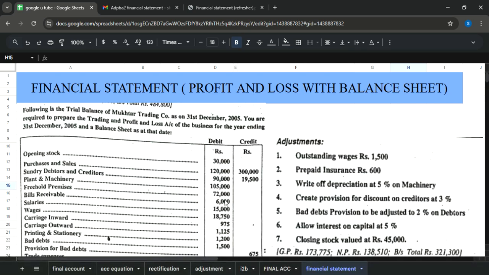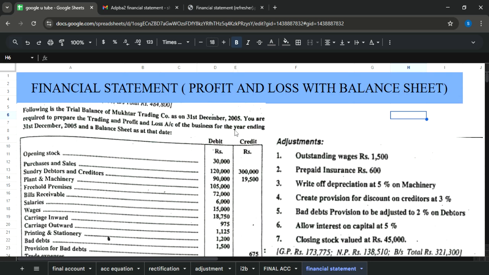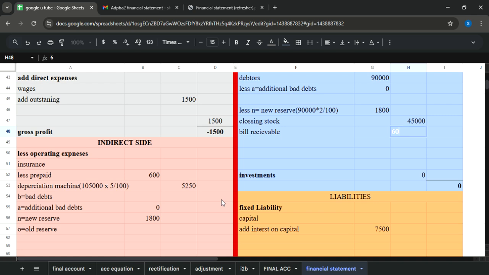Bill receivable is your current asset. So here you will write bill receivable, amount of which is 6,000. Just put amount.